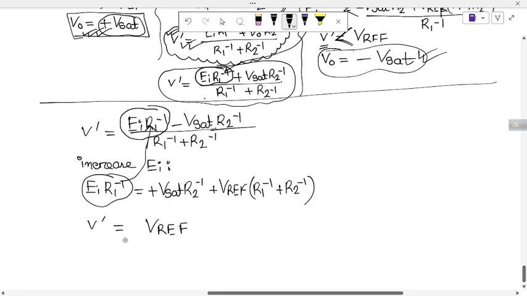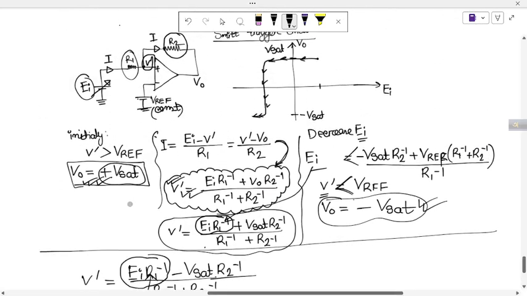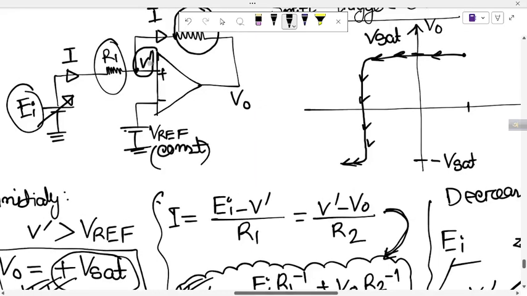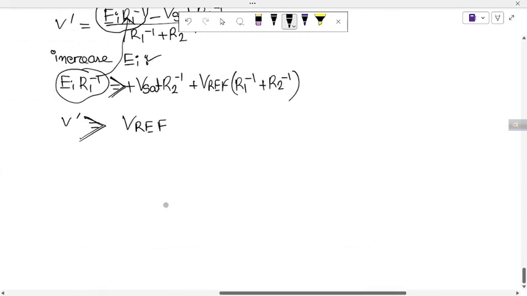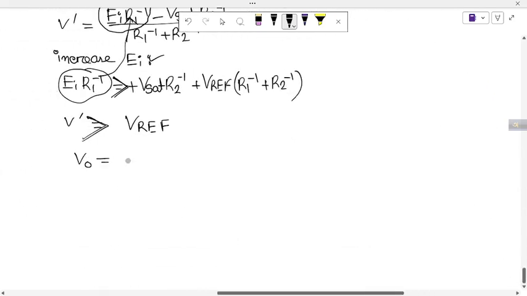If you again increase EI, EI R1 inverse will be greater than this, V prime will be greater than the reference voltage, and the output voltage will be positive Vsat.